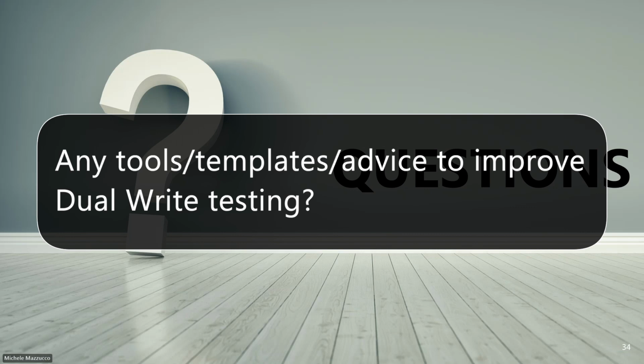I don't have too much from a tool or template perspective or advice on improving that. That's a tough one. So I'd have to say I don't have anything, unfortunately. Now, I know that we are talking about dual write and some of the challenges, but it's mainly from the platform itself, not from a testing perspective.